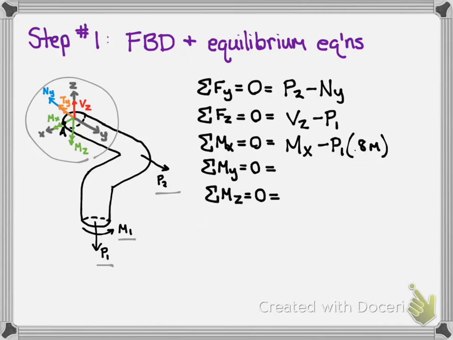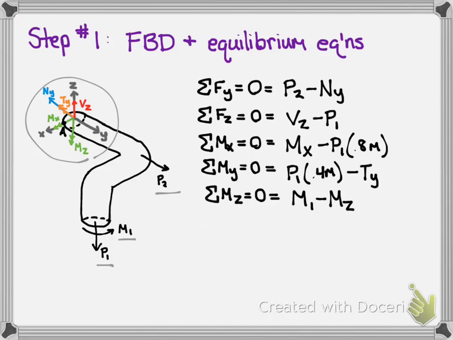Our sum of moments along the y-axis gives us P1 times 0.4 meters minus the torque along the y-axis. And our sum of moments in the z-axis gives us M1 minus Mz.